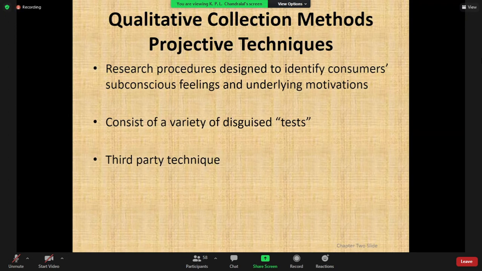Yeah, but actually when we do research, there are limitations, no? There are limitations, but if we can't get these controversial or private things directly, usually you can't get the full picture. If you can't get these things from the respondent, something is better than nothing, no? So if you use this projective technique, at least you can get some.